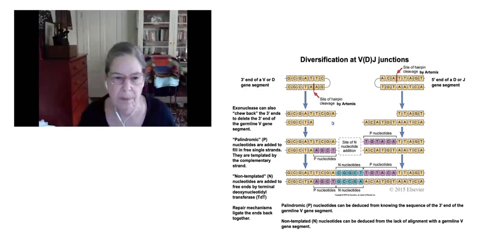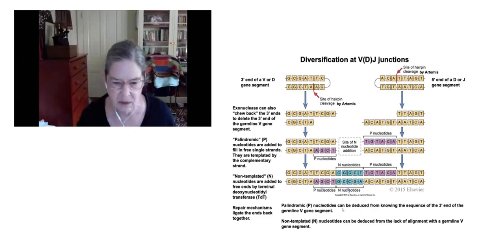Those are called palindromic, because it's a palindrome. TCGA is a palindrome. Those are palindromic residues that can get added on, right? So those get filled in, and those are called P nucleotides. But with something called TDT, that's another nucleotide that is non-templated, or N nucleotides, can get added on at random.